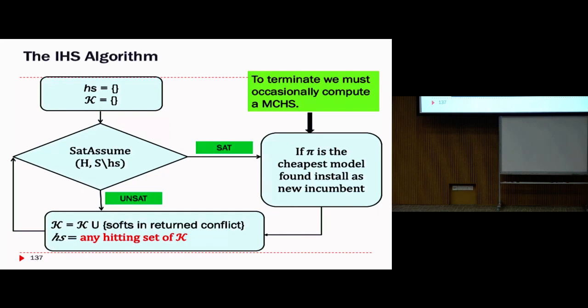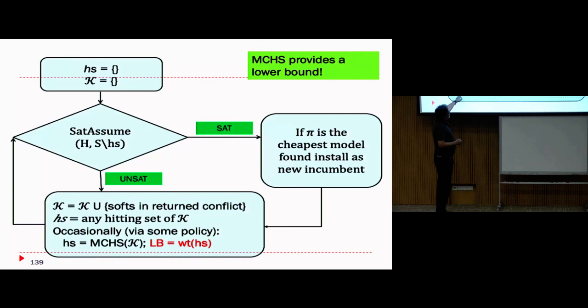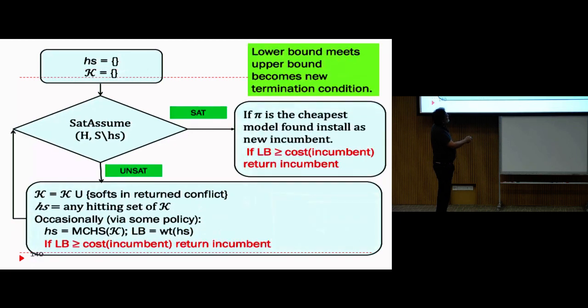Basically, what it means is that occasionally you must compute the exact minimum cost hidden set. You can't get around that. You have to do it occasionally. And so occasionally, at some point in accordance with some policy, you compute this minimum cost hidden set. And now you know that this forms a lower bound. And so you get a new lower bound. And therefore, you can check to see if the lower bound equals the upper bound.